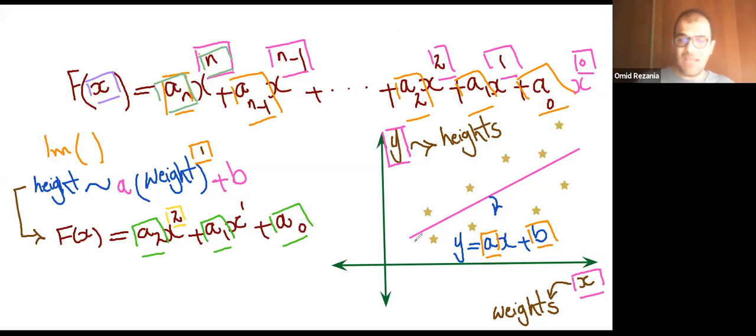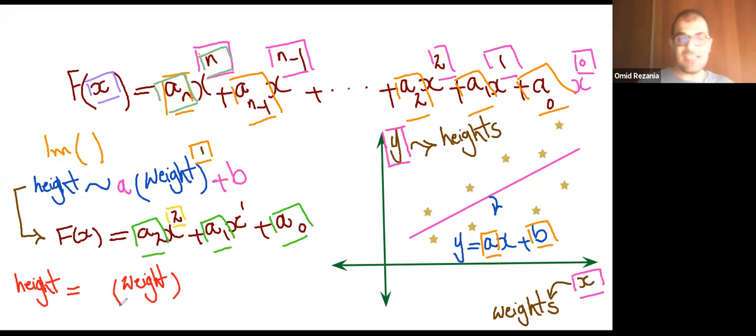Now, how should I interpret that in the case of the women dataset that we had? We can write it like this: the height can be a function of the weight.